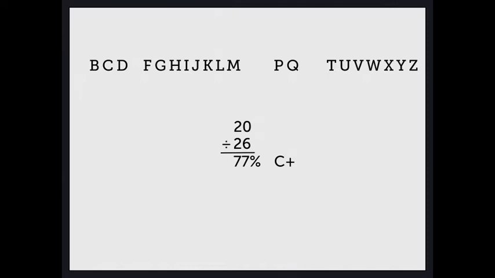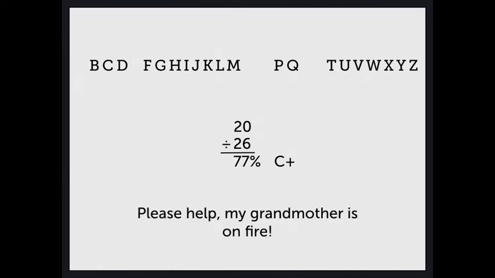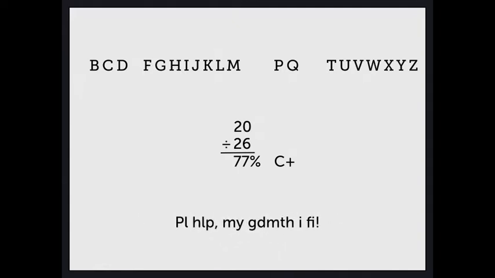You can see how that's going to be a pretty difficult task if you're missing those 6 letters. In the unlikely event that you have to write a note to warn someone that your grandmother is on fire and ask for help, here's how it comes out if we take out those 6 letters. That note probably isn't going to bring a whole lot of people running to help.